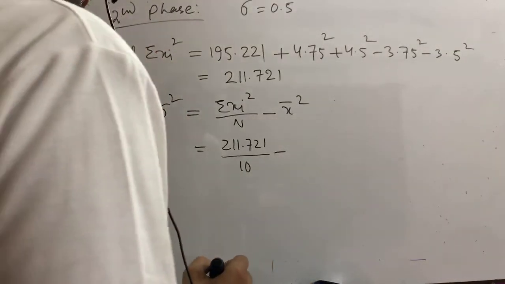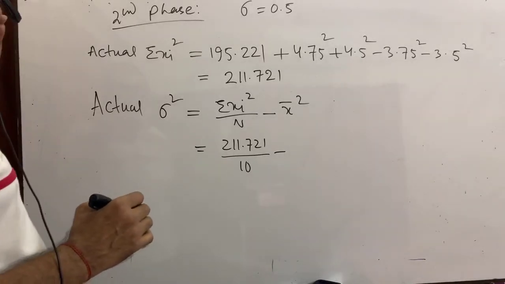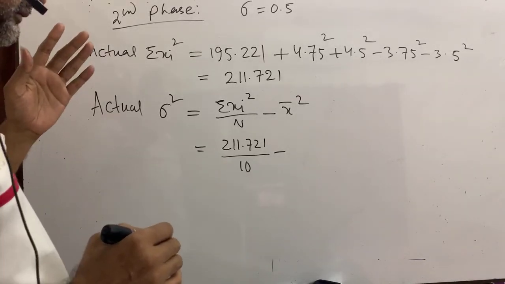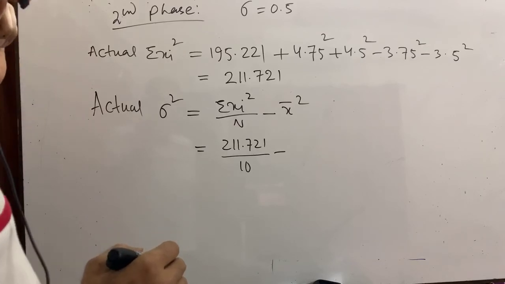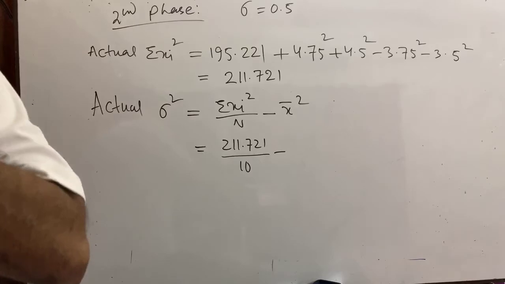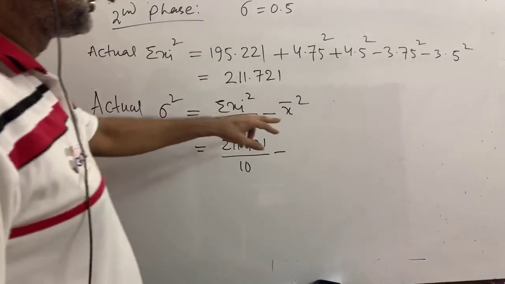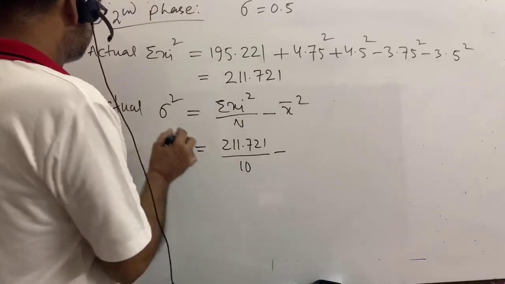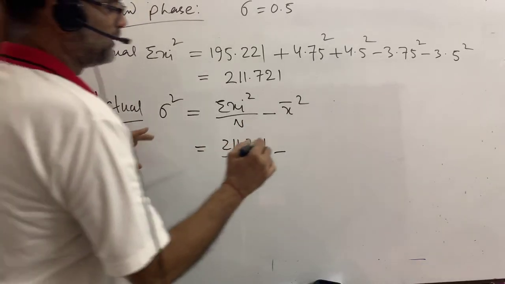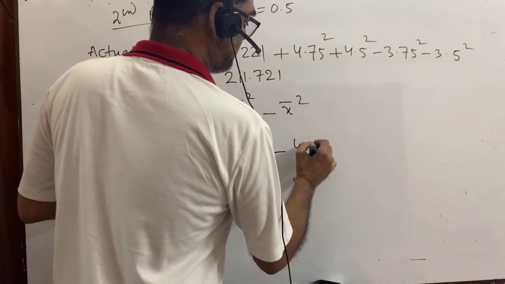Can you tell me please, what was the actual x bar? Actual x bar, because it is actual, so then actual x bar was 4 point what? 4.59.